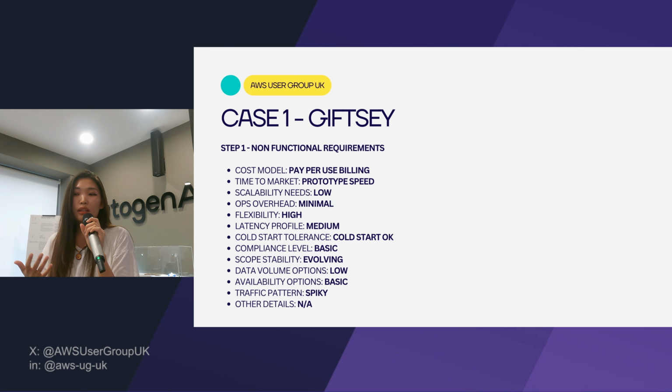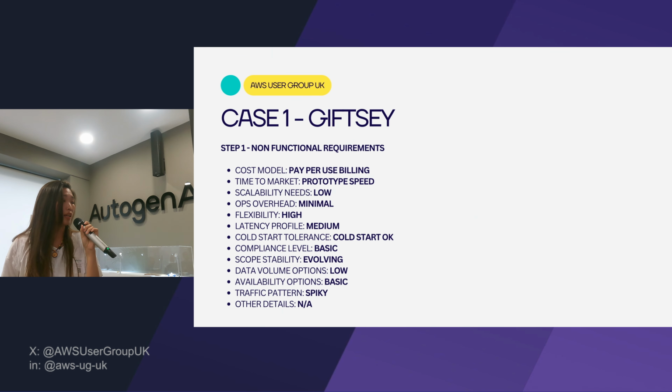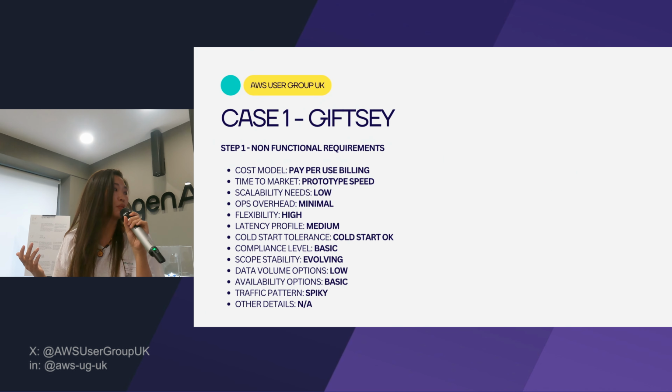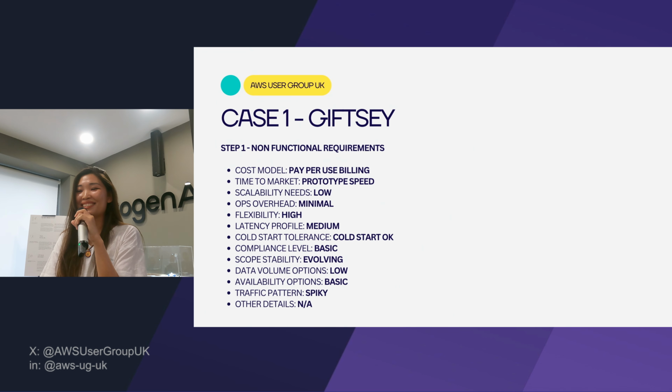Basic compliance level, evolving scope, as I mentioned, it's just an MVP at this point that I'm planning, but it's going to be evolving and there are going to be new features. And if you're going to have a database layer, it's not super critical, but it's a good idea to ballpark the data volume. In this case, it's going to be low data volume for the beginning of the project after it goes live.